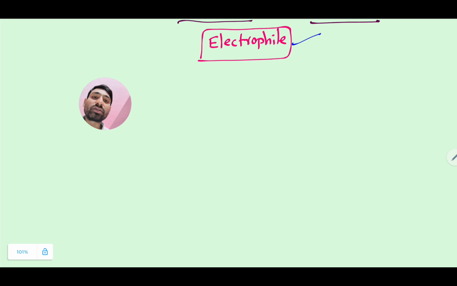Before telling about electrophile, let us consider one example. If you take CH3COCH3 reacting with CN minus, oxygen is a more electronegative element, so it will get a partial negative charge and carbon will get a partial positive charge.